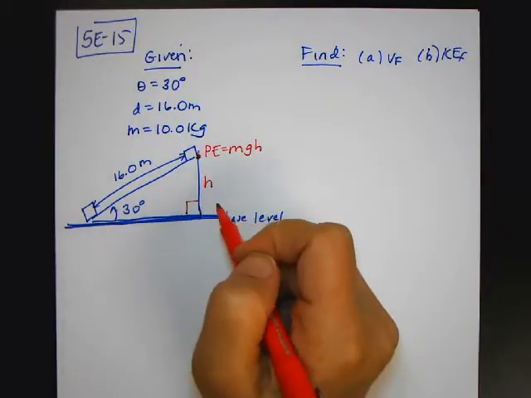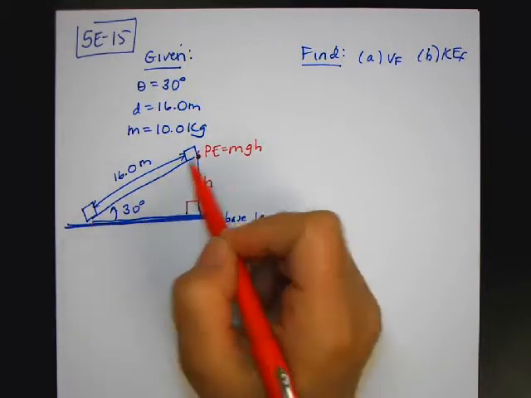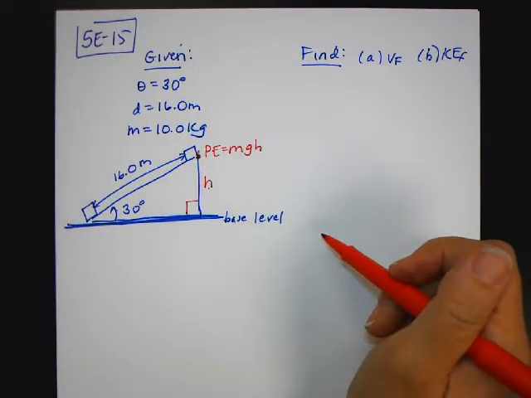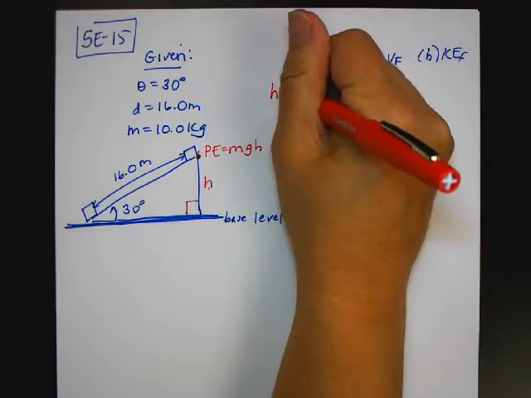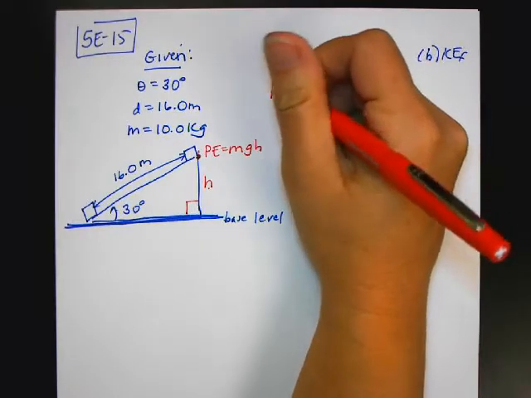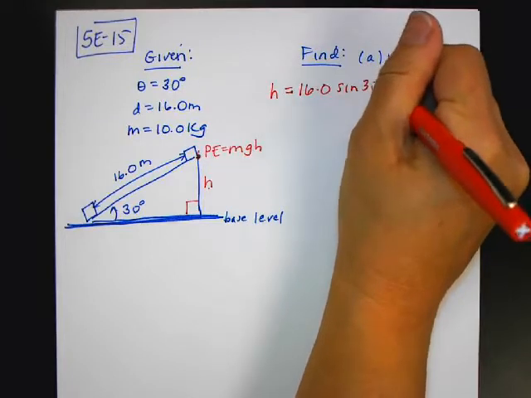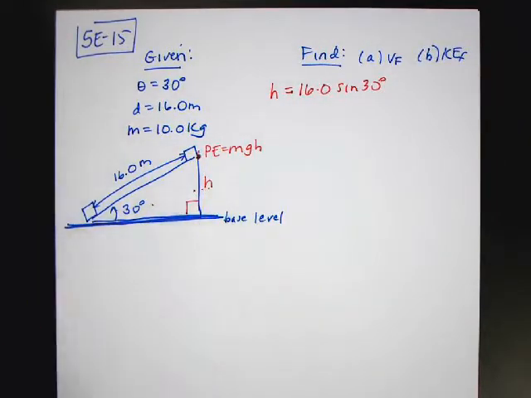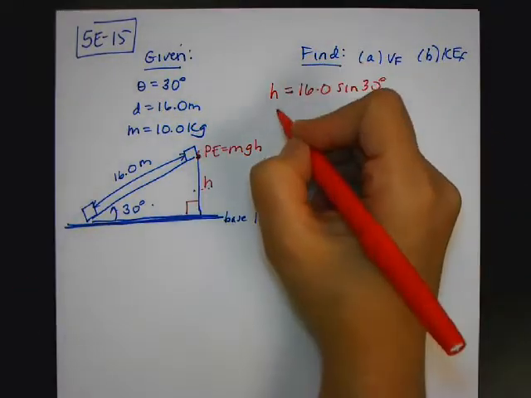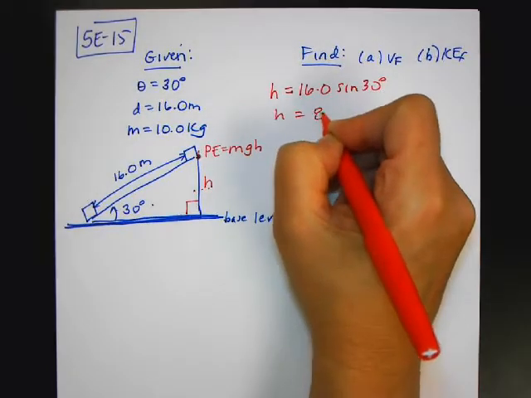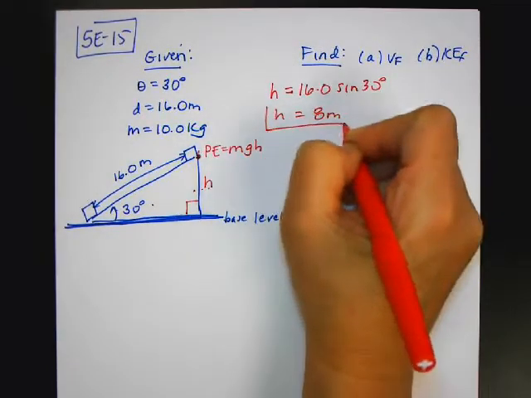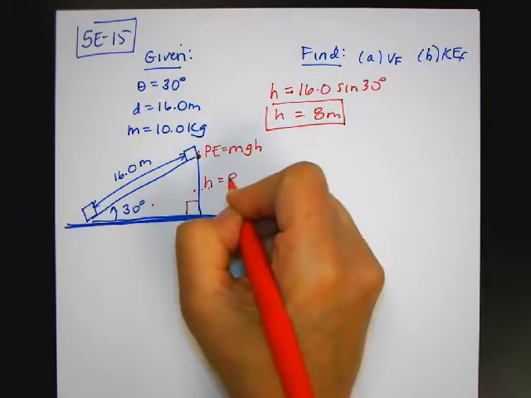It's a 30, 60, 90 triangle. I know the hypotenuse. Can I find this side? Yes. So H is going to be the hypotenuse, 16, times the sine of 30 degrees. Why did I use sine? Because it's opposite. Sine is opposite over hypotenuse. So H comes out to be 8 meters because we know the sine of 30 is 0.5. So now I know this is 8 meters.